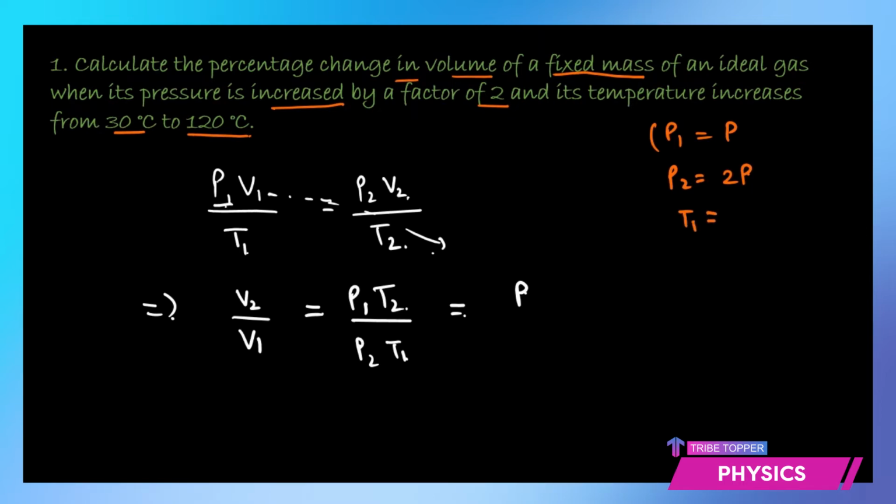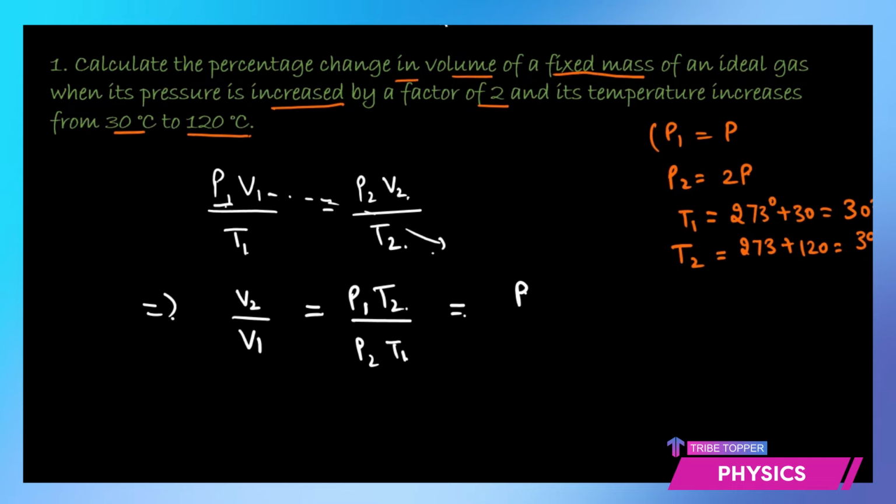In solving problems based on the gas laws, we never use the temperature in degrees Celsius, so please convert it as 273 plus 30. So you have a temperature of 303 Kelvin, and then T2, that's 120 degrees Celsius, so 273 plus 120 makes it 393 Kelvin.